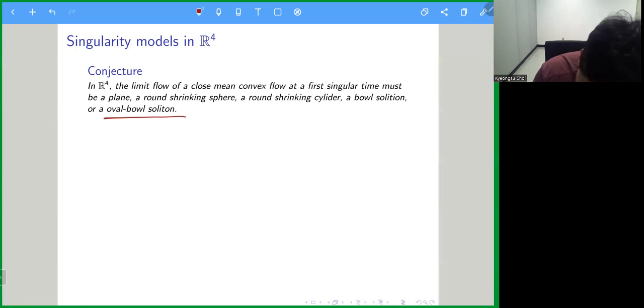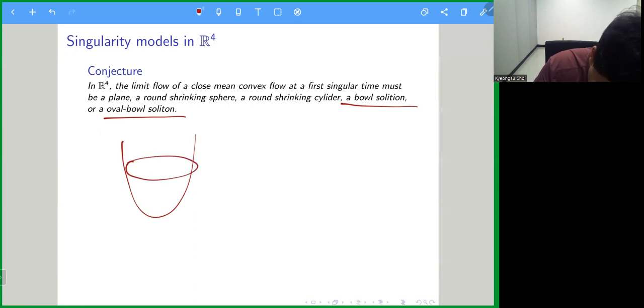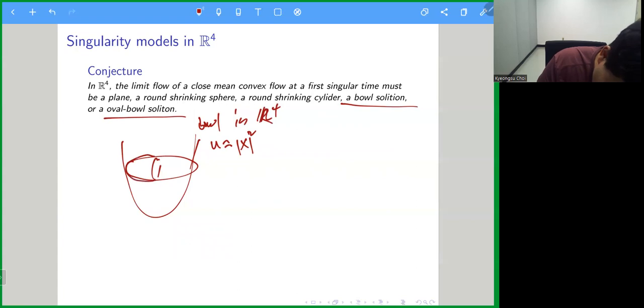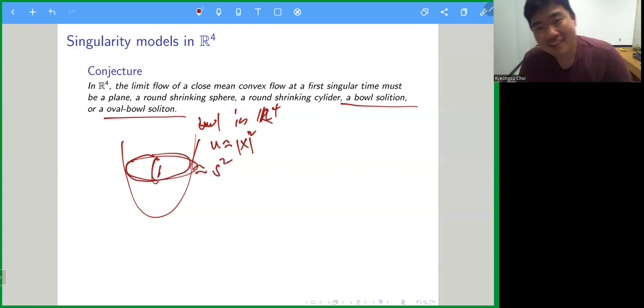Here the bowl again looks like a square. However, the level set is kind of S2. So it has the O3 symmetry, maybe.